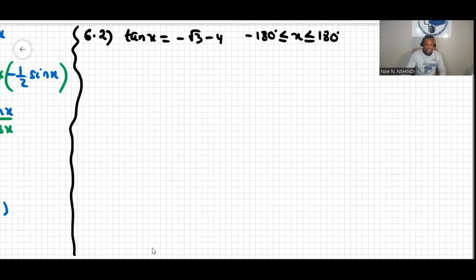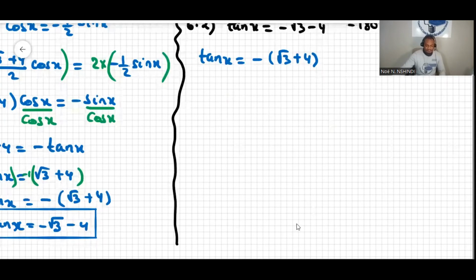I can write this properly like this: tan x equal to negative √3 minus 4, as we did in the previous question over here. tan x was that.